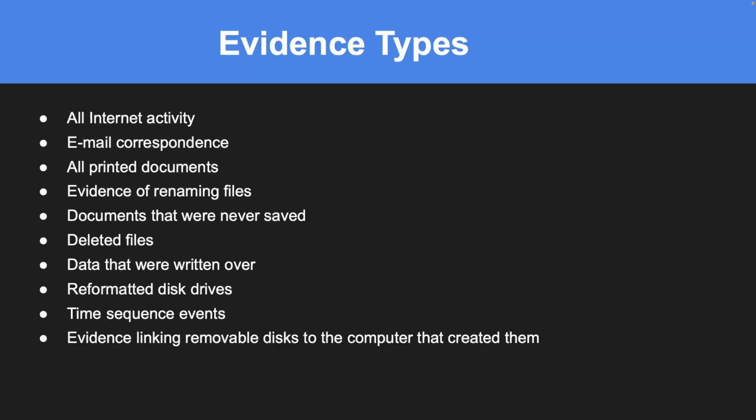Any documents that were printed or saved onto the computer, as well as documents that were not saved at all and that were stored in temporary files, or the type of auto recovery files that you find after your computer shuts down wrongly and you have them open in things like Microsoft Word or Microsoft Excel.